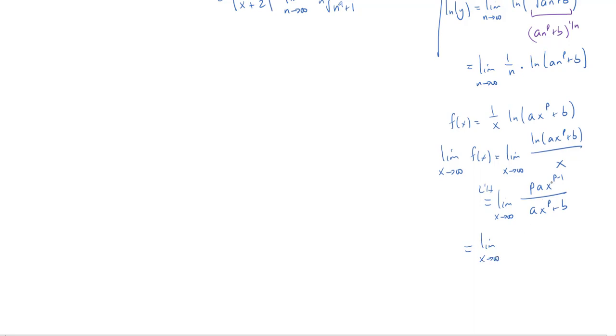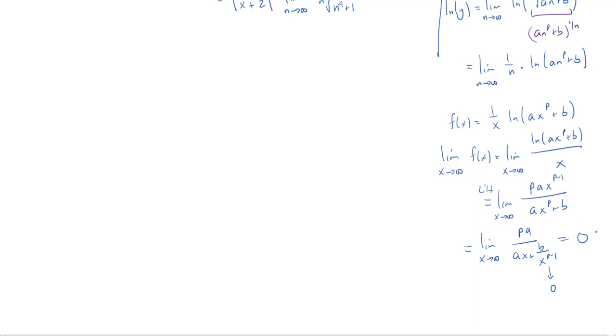So when I do that, on the top, I'm going to get p times a. On the bottom, I will get a x plus b over x to the p minus 1. And as x goes to infinity, this piece goes to 0. This piece on the top is a constant, but then this a x is going to either go to plus infinity or minus infinity, depending on the value of a. And so this limit is going to be 0.